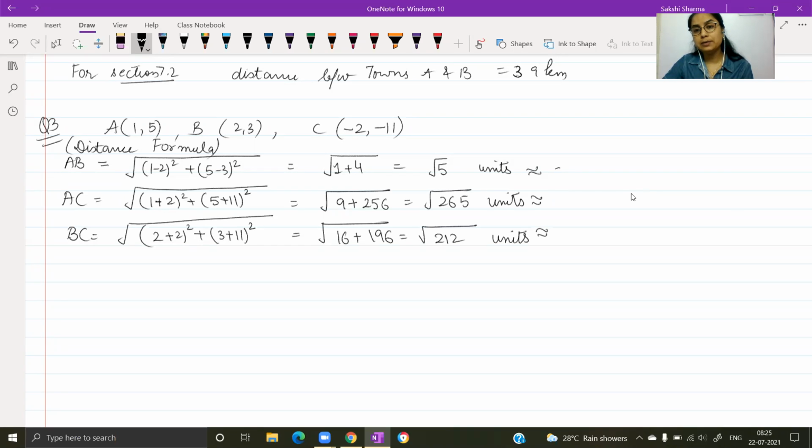√5 approximately 2.12. 2.23. Okay, let's take 2.12. What about 265?